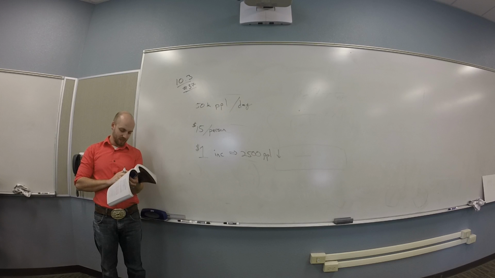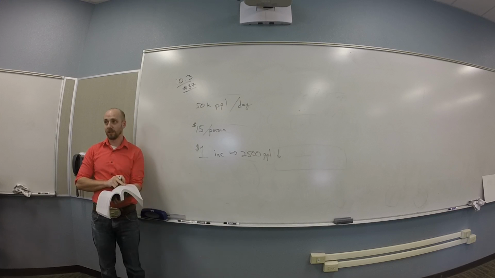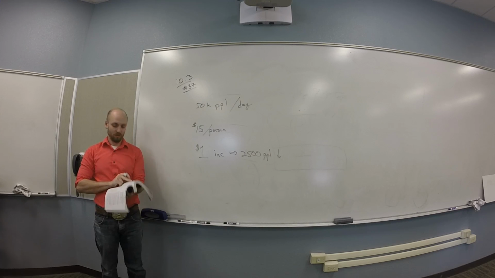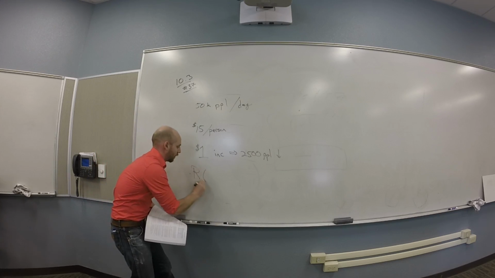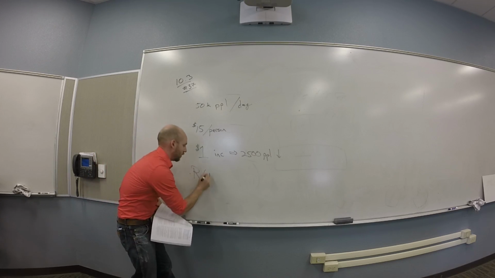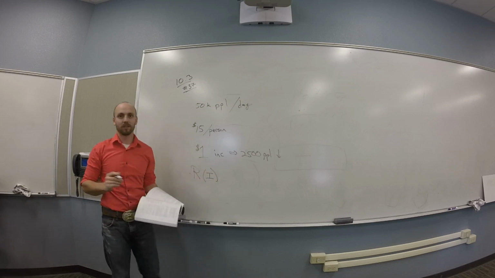Okay. Express the daily revenue from ticket sales as a function of the number of $1 increases. Cool? So I'm supposed to write a revenue function as a function of increases, right?